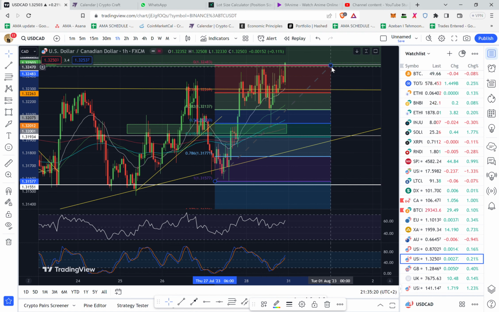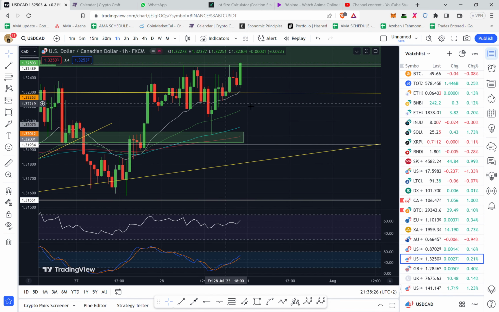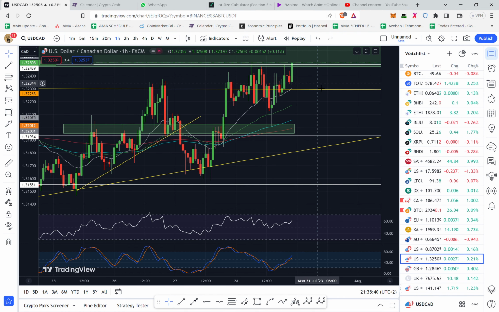So maybe on Monday opening, I'll be looking for some sort of pullback down to the 20-hour moving average or retest of this ascending triangle, and then a continuation up. If I get a retest, I will enter it immediately. So we could potentially go higher from here.